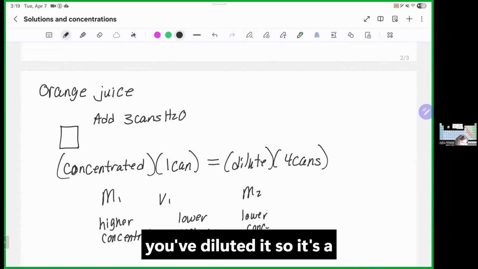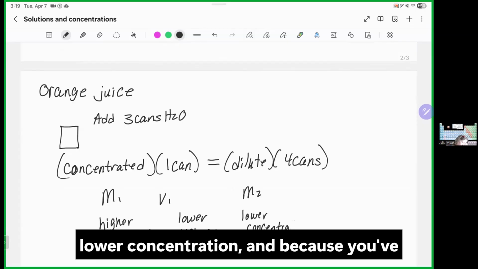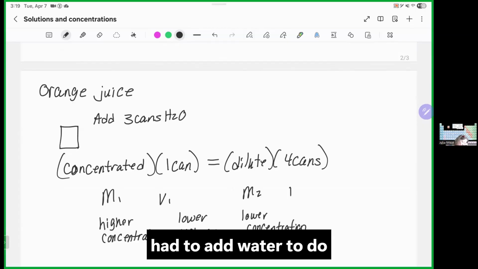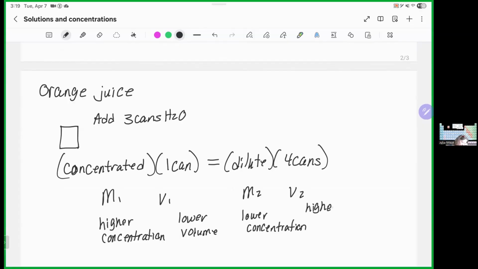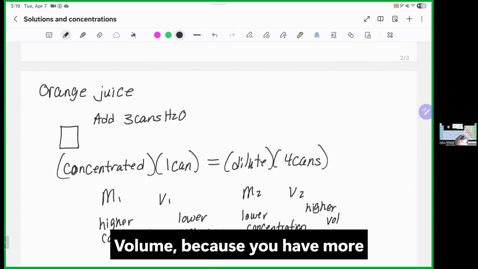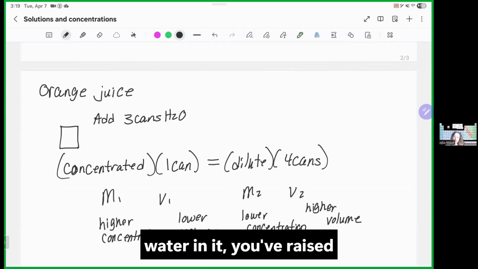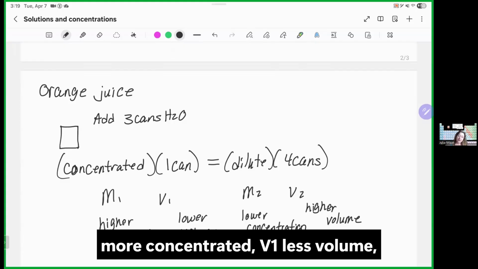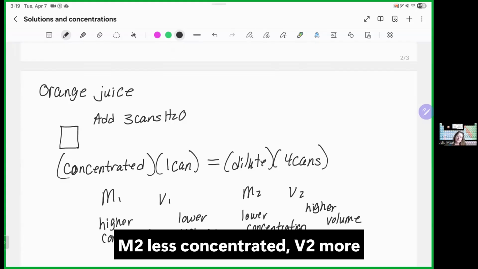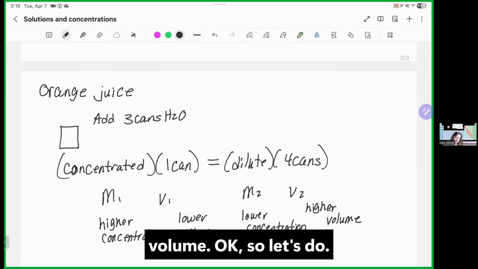Because you've diluted it, so it's a lower concentration. And because you've had to add water to do that, your V2 is the higher volume because you have more water in it. You've raised your volume. So that's how you can easily tell your M1 V1 from your M2 V2. M1 more concentrated, V1 less volume, M2 less concentrated, V2 more volume.